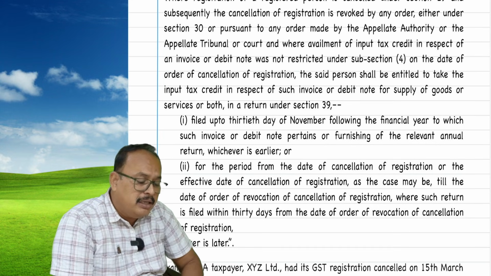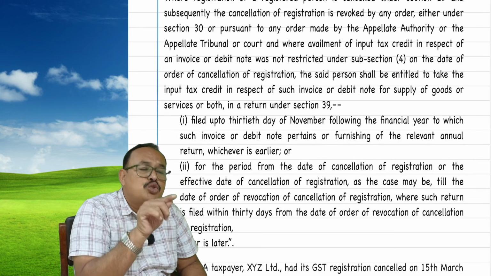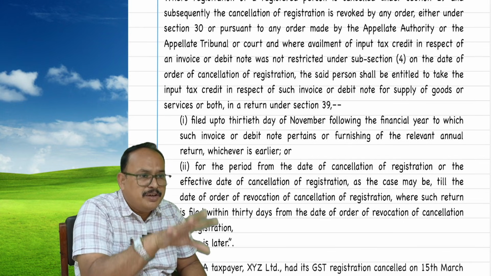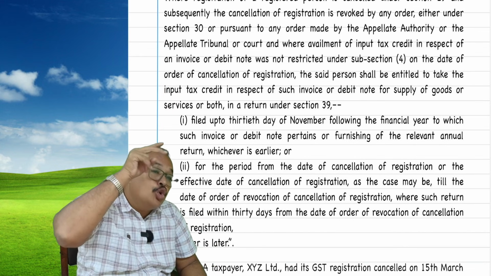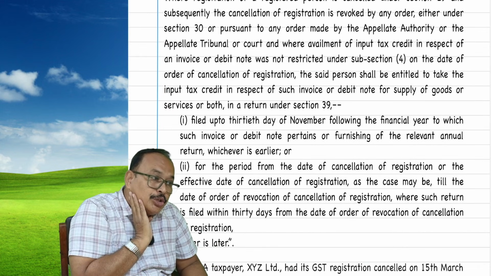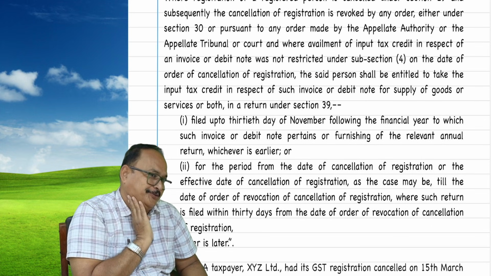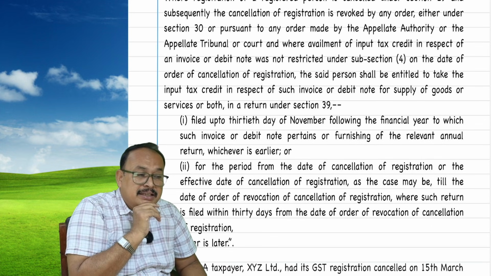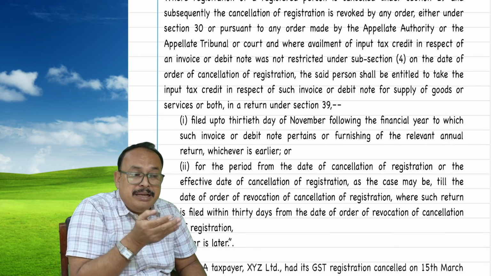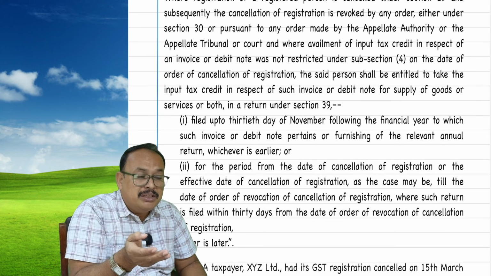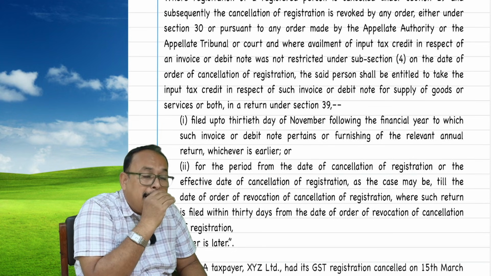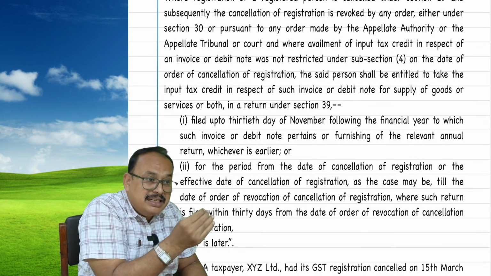Meaning thereby, one invoice belongs to 25-26, and two invoices belong to 24-25. For the 24-25 invoices, the maximum time limit as per Section 16(4) is 30th November 2025 or the annual return filing, whichever is earlier.